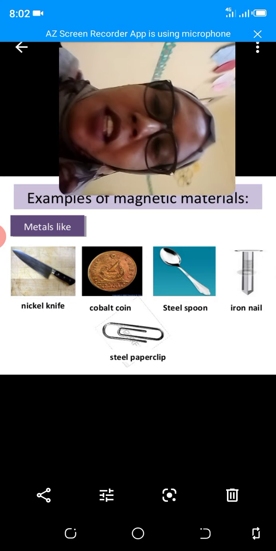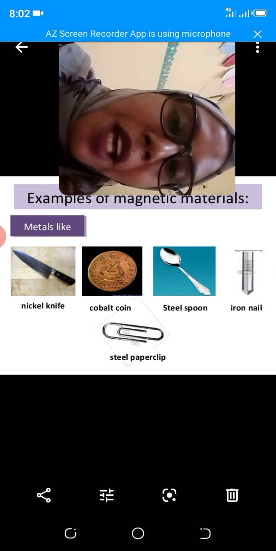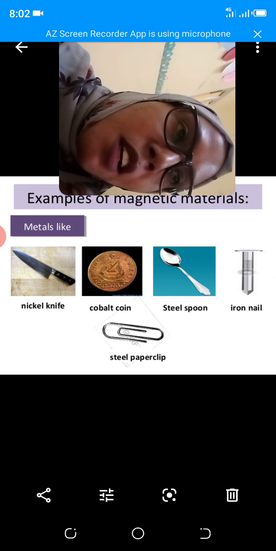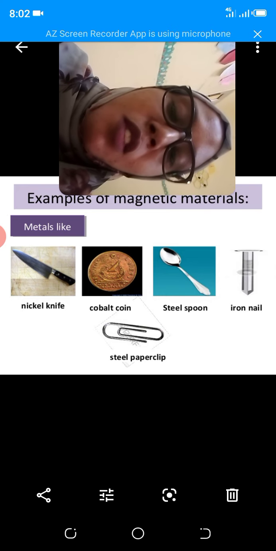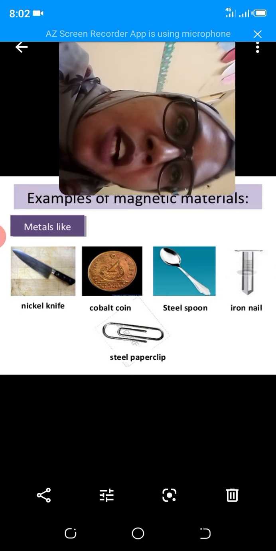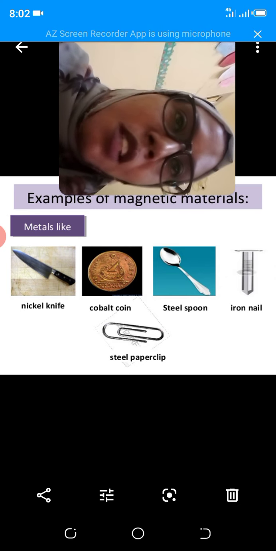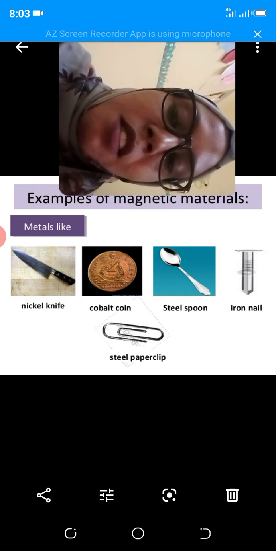Transparency is a measure of the amount of light that can pass through the material. The materials allow light to pass through, but in different degrees.